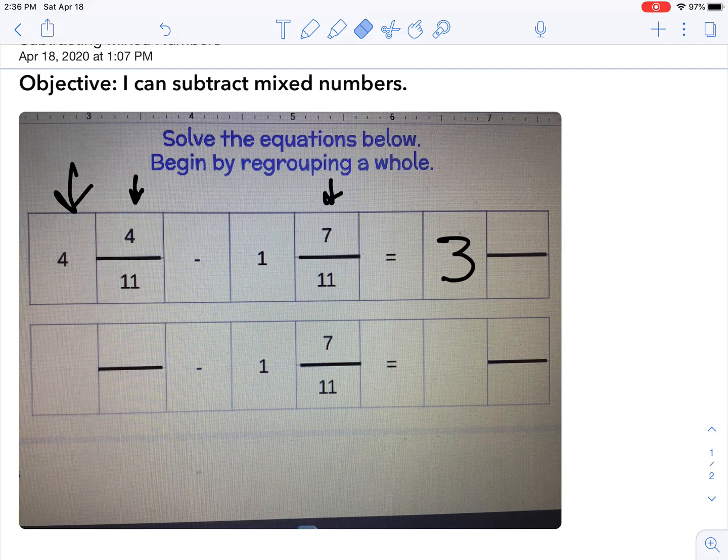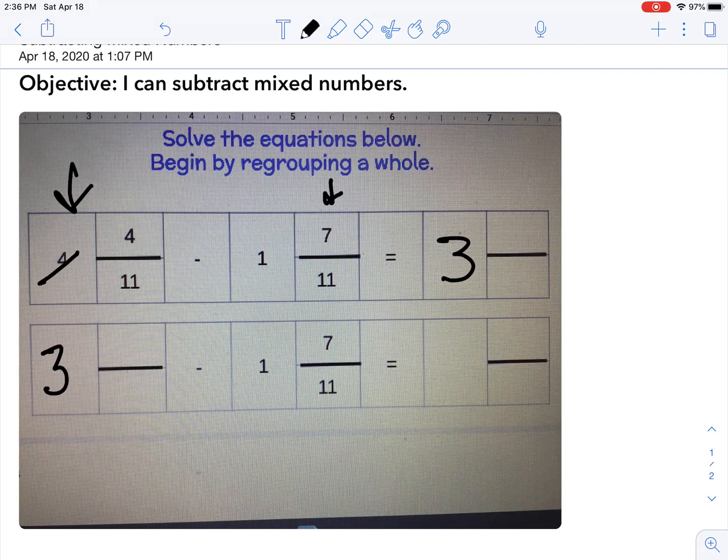So again, you're going to use the boxes below. So what I would do is, you're going to have to take 1 from the 4, right? You're borrowing 1 whole. So that 4 becomes what number? That's right, the 4 becomes a 3. And when you borrow the 1 whole, that 1 is going to be borrowed in fraction form.